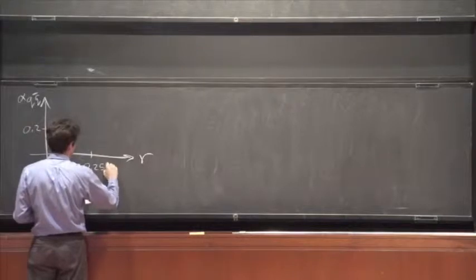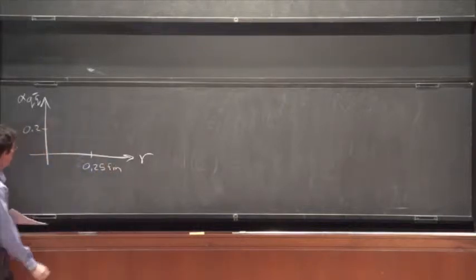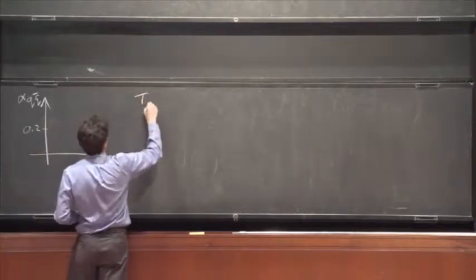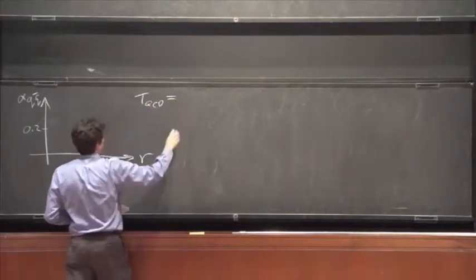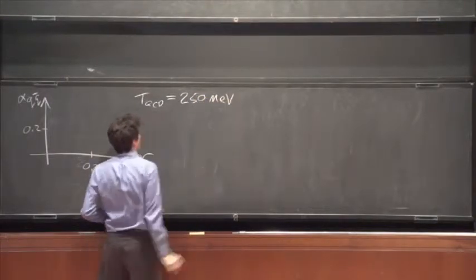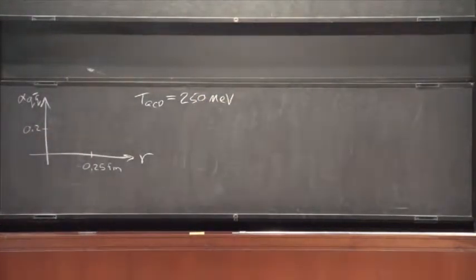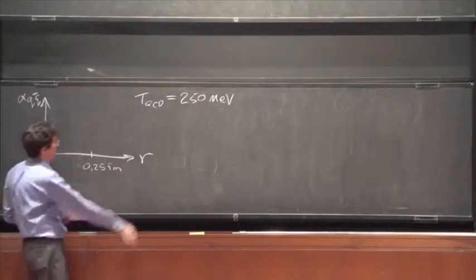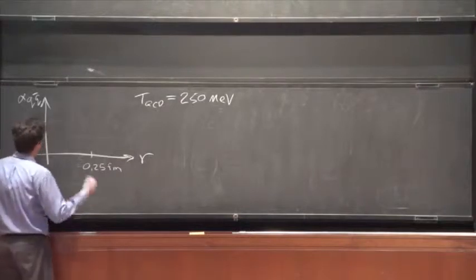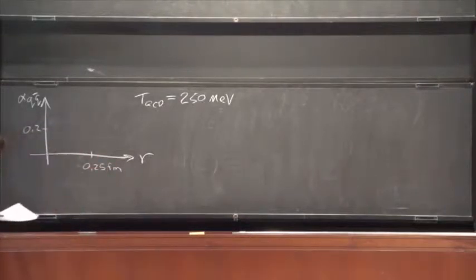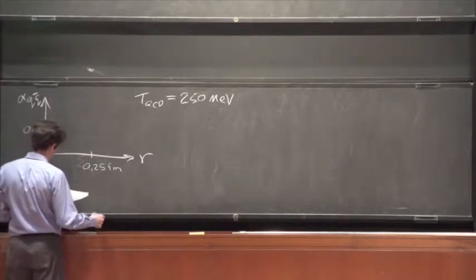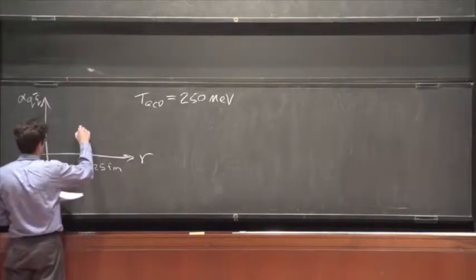Let's consider separations on the order of 1/4 of a femtometer, and let's consider temperatures comparable to what you see in a collision at RHIC, namely a QCD temperature of something like 250 MeV. Then, under these conditions, what the lattice people say through numerical Monte Carlo is that alpha_QQbar looks something like this.